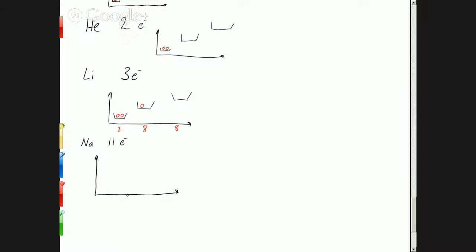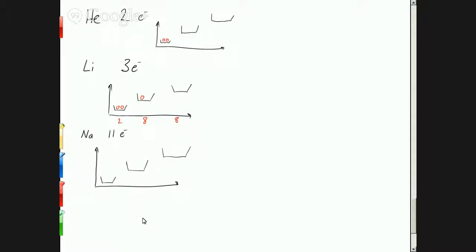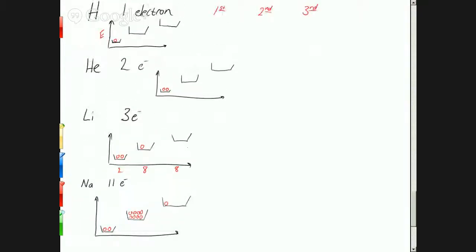So let's see if we can put sodium electrons in its buckets. 2, 8, and 1. So we go 2, and then we've got space for 8, and that leaves 1 more to get 11 total. See, I told you chemistry was easy. You didn't believe me.